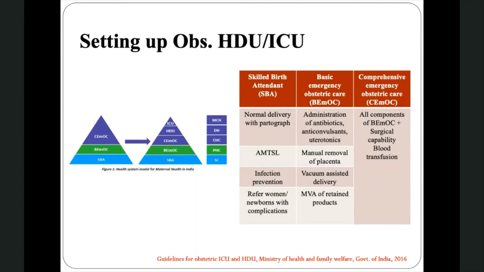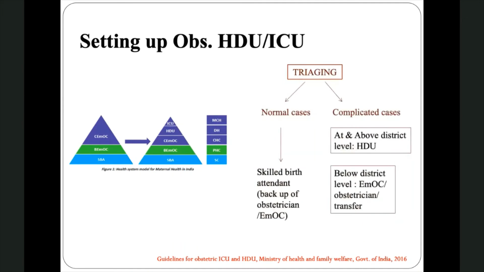The CHC should have comprehensive emergency obstetric care. That means surgical facility and blood transfusion facility should be available at the level of CHC. At the district hospital, at least HDU should be there. A maternity and child healthcare hospital or medical college should have both HDU as well as ICU.